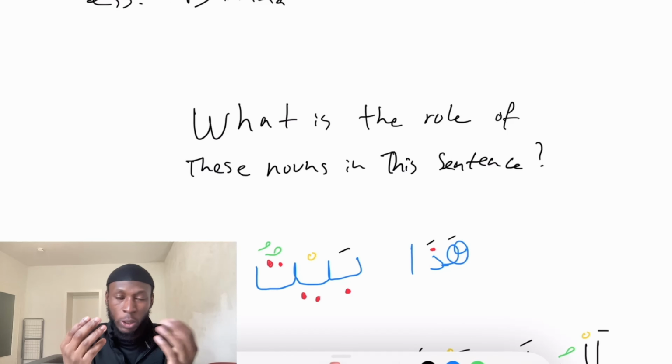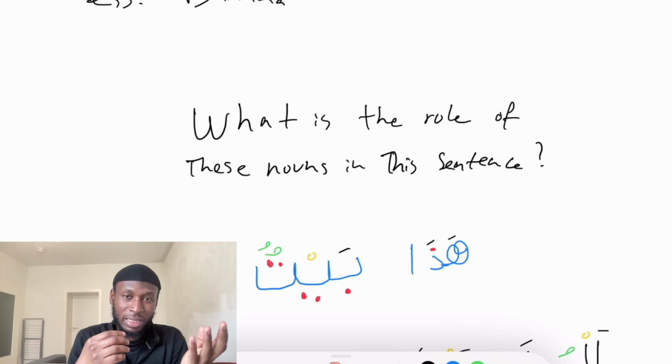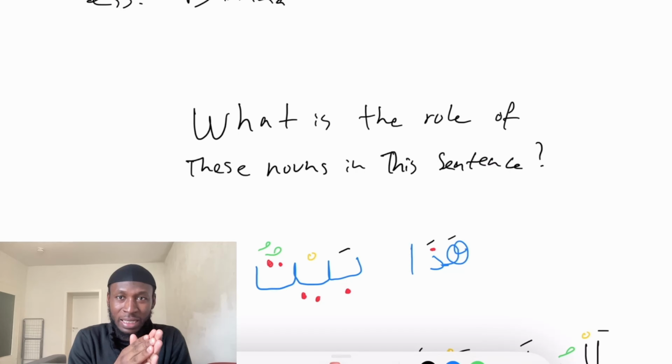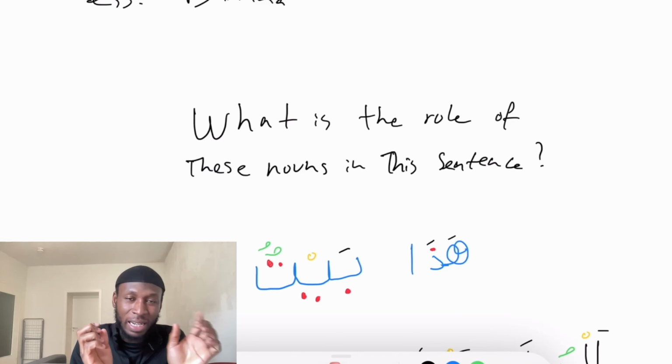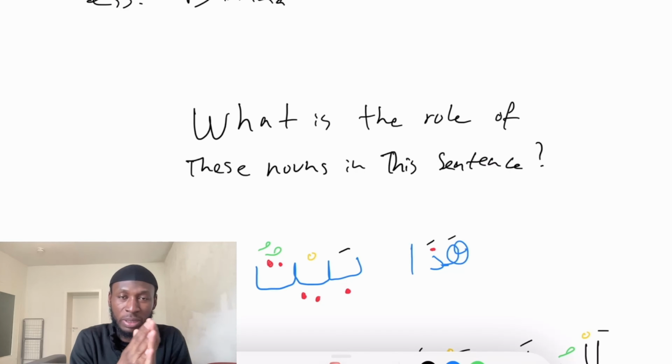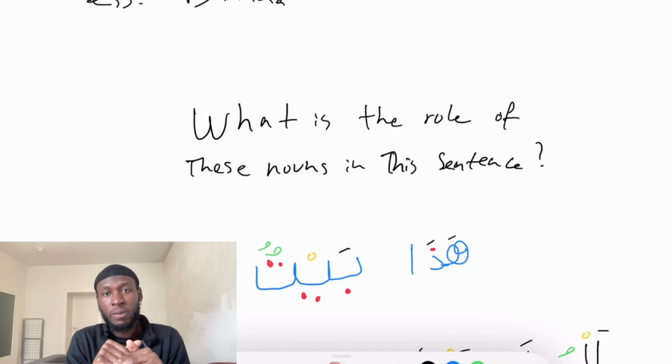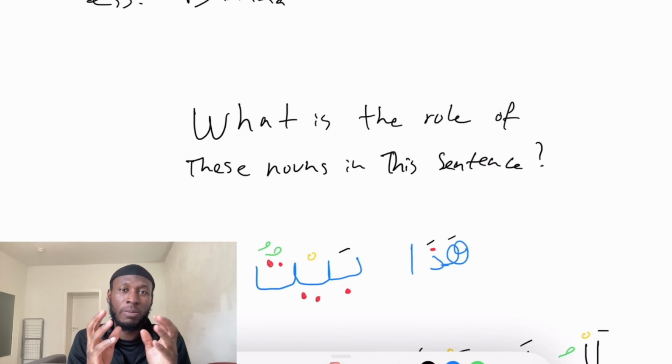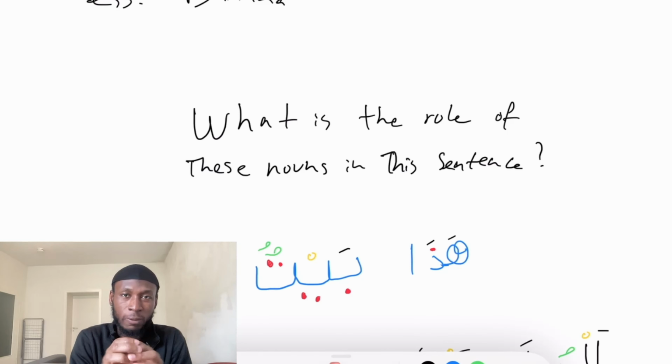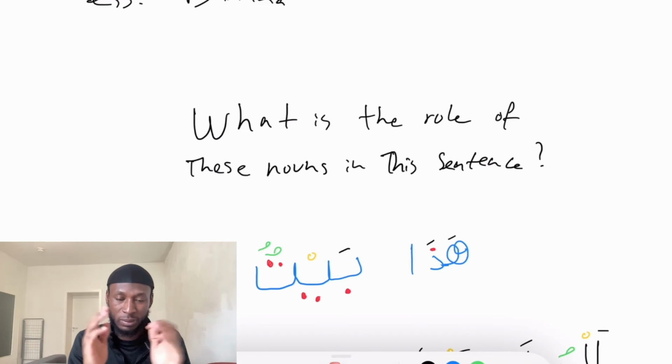Like the name says, nominal sentence: in Arabic, the sentence will begin with a noun. For the jumlatu fi'liya, the verbal sentence, the sentence will begin with a verb. That is how to recognize jumlatu ismiya.